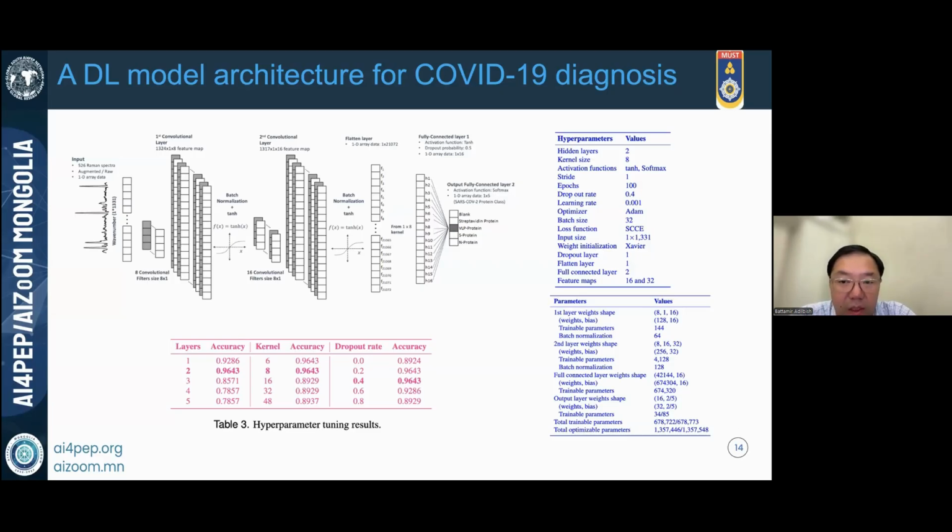The learned and updated parameters during the training are summarized here in the bottom right table.